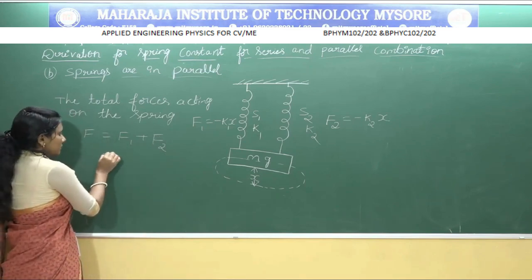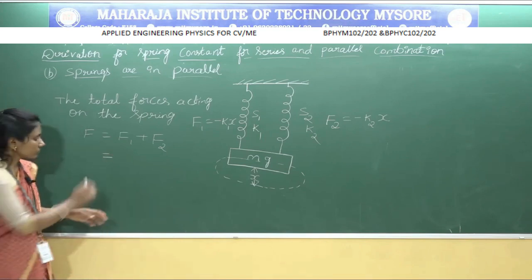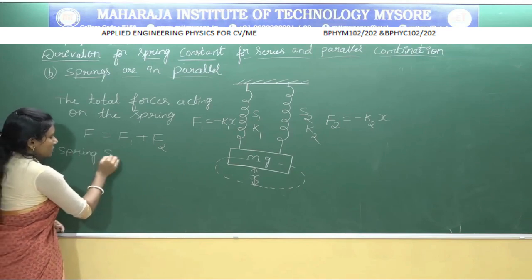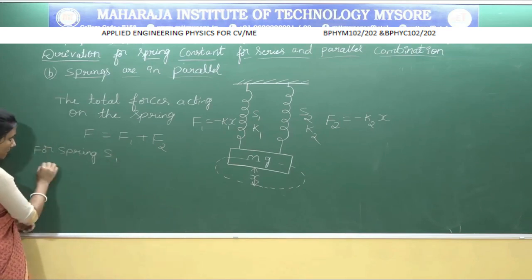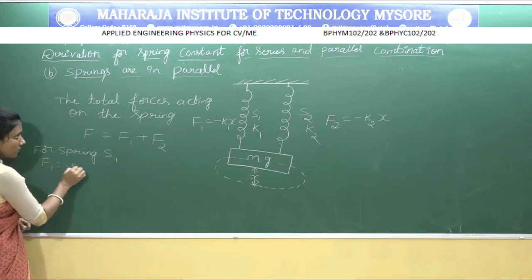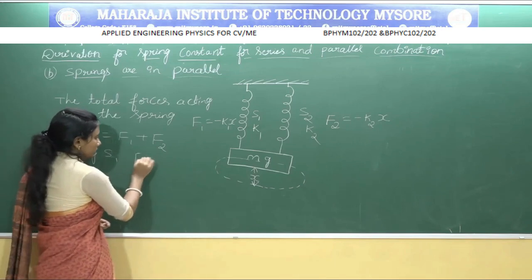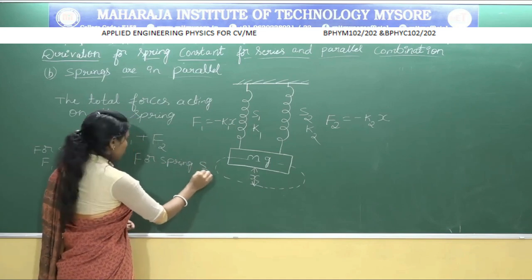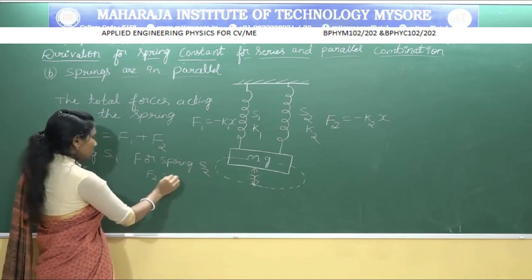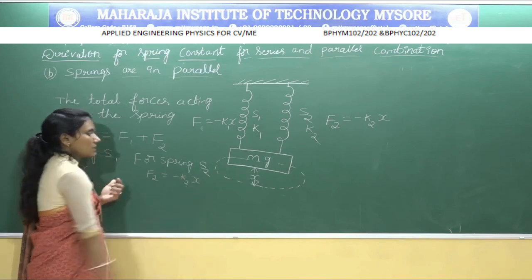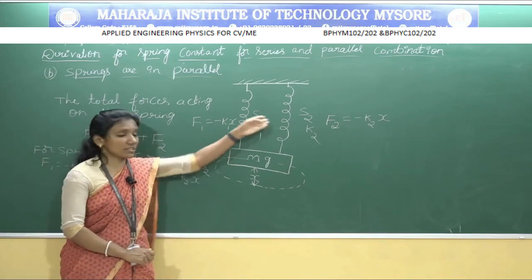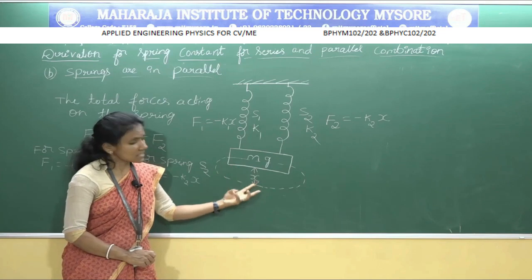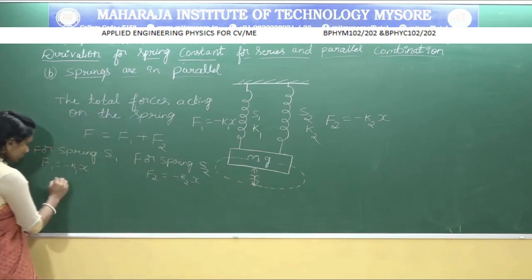Therefore, for spring 1, F1 is equal to minus K1 x, and for spring S2, the force F2 is equal to minus K2 x. These have different spring constants, but the displacement is the same.